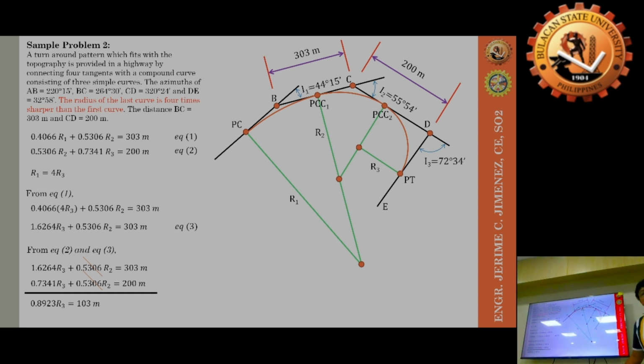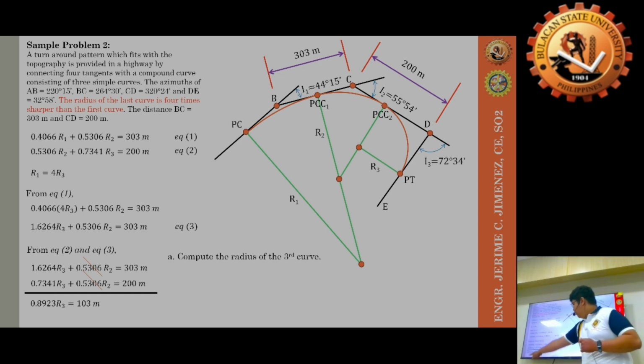So, masasagutan natin yung first problem natin. Compute the radius of the third curve. That is R sub 3 is equal to 103 all over 0.8923. So, what is R sub 3?